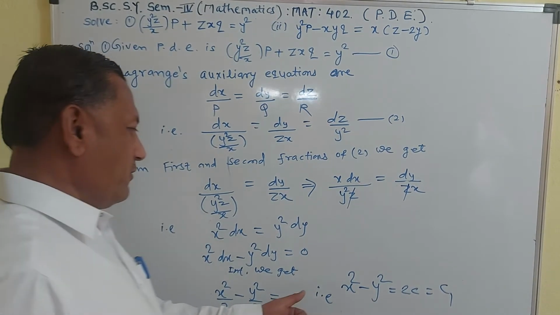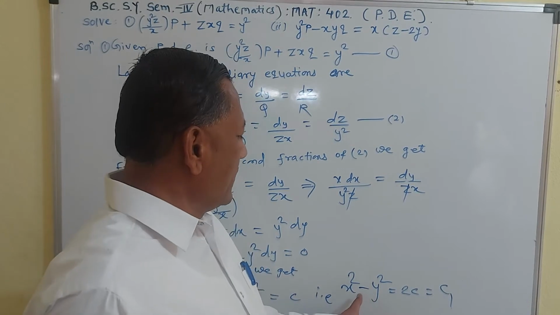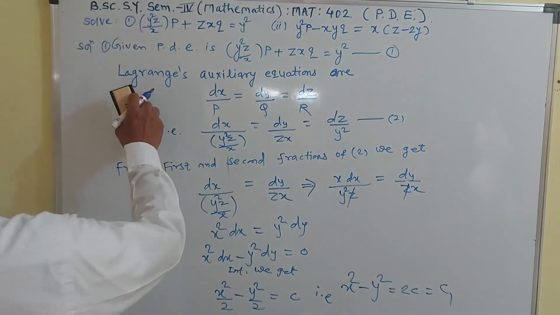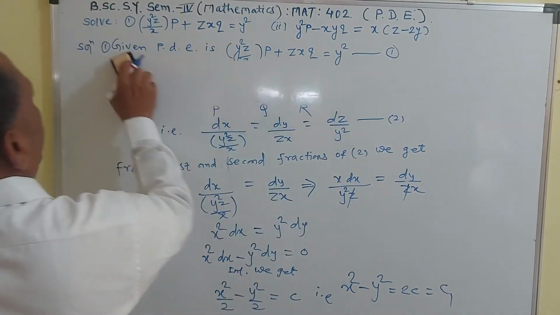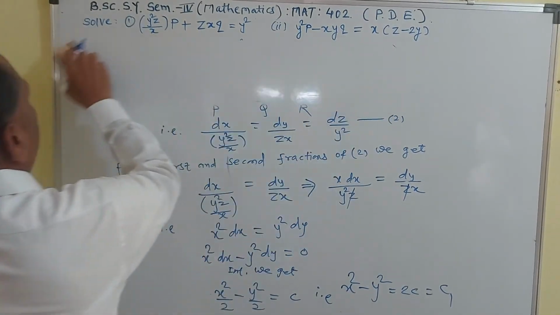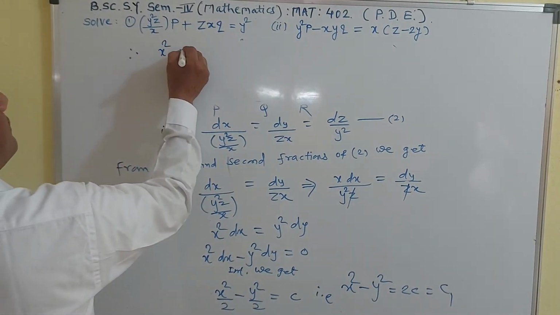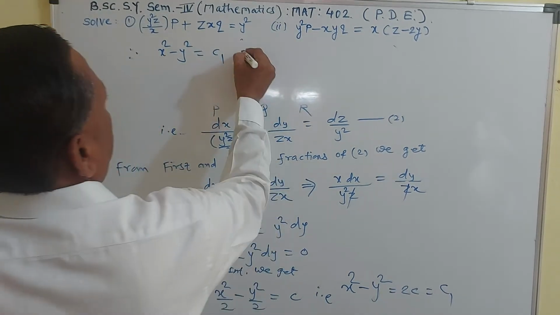Therefore you have obtained one general solution, that is u is equal to c1, where u means x square minus y square. Therefore x square minus y square is equal to c1, equation number 3 suppose.